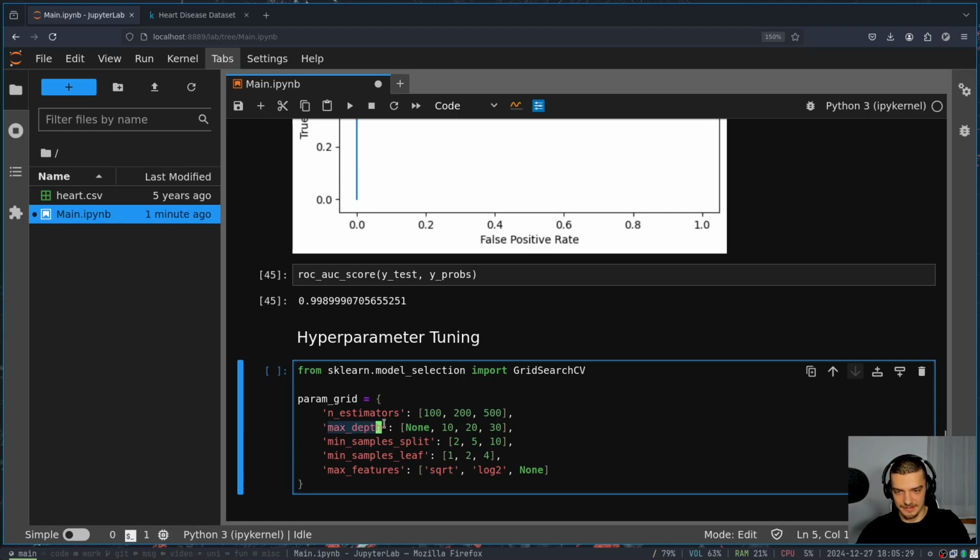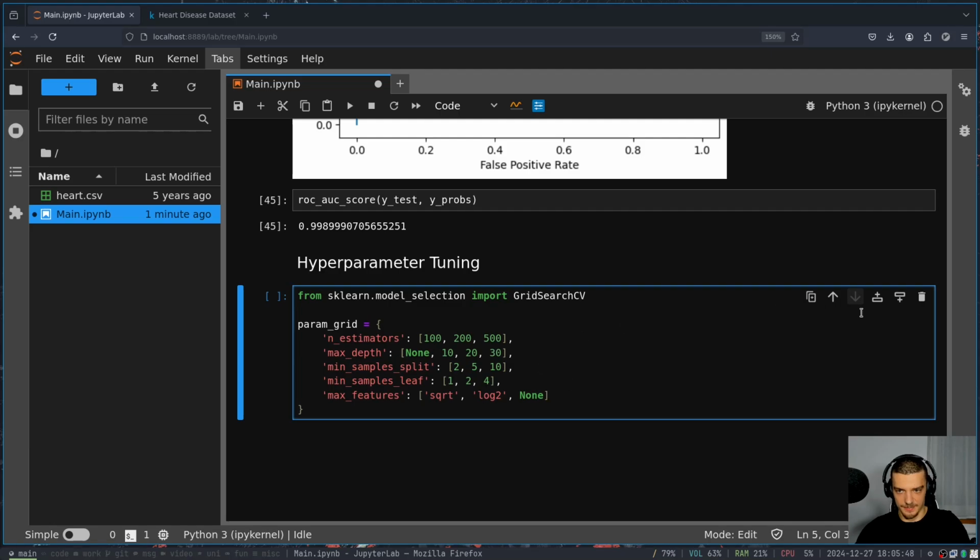We have a limiting depth, so saying that the tree cannot have more than a certain depth. So none is unlimited, 10, 20, 30. Then we have min sample split, how many samples we need to split a node, min samples leaf, and then we also have max features, which limits the amount of features. So these are just some hyperparameters.